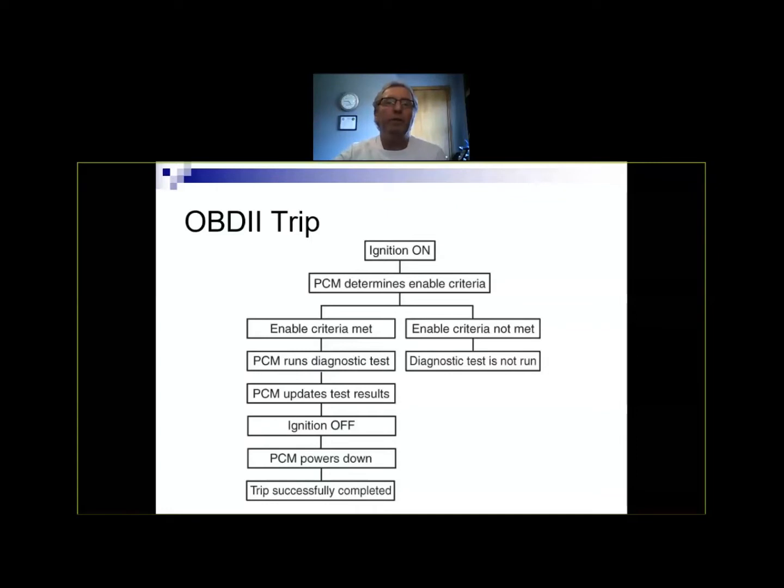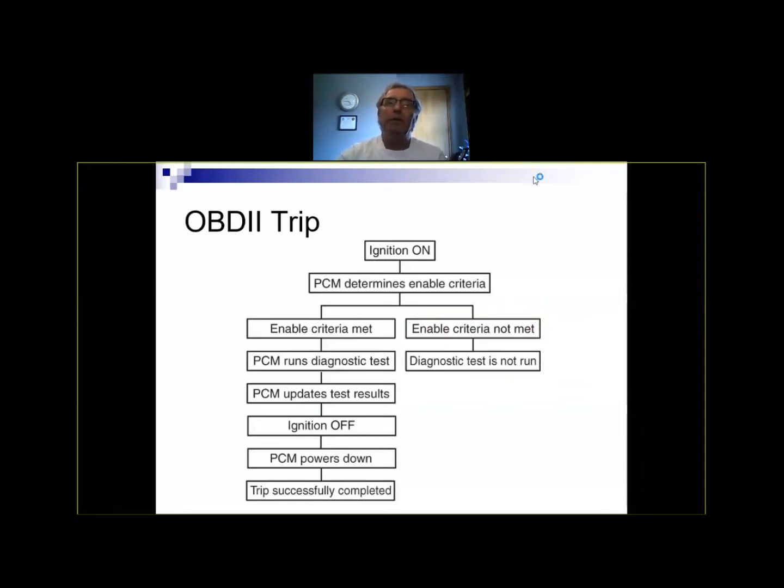So here's an example of an OBD2 trip. Not any specific monitor we're talking about here, but it starts with ignition on. The PCM says, okay, what's the enable criteria for this monitor? And if we go down the right side, if the enable criteria are not met, the monitor just plain old doesn't run.